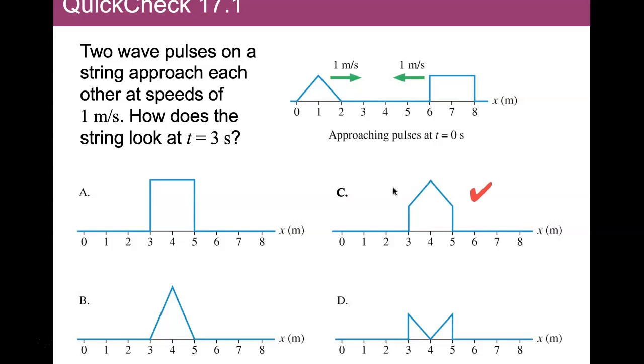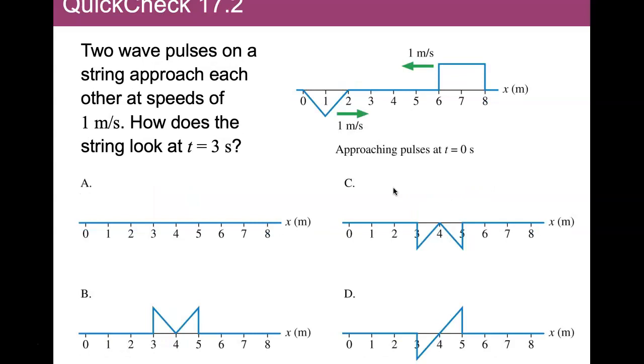So basically, to get the snapshot figure at a given time, if you have these multiple pulses that are traveling, we just figure out what each of them looks like at the time we're interested in, and then we add them, and that's it, and that gives us the snapshot figure. This is a direct application of the principle of superposition.